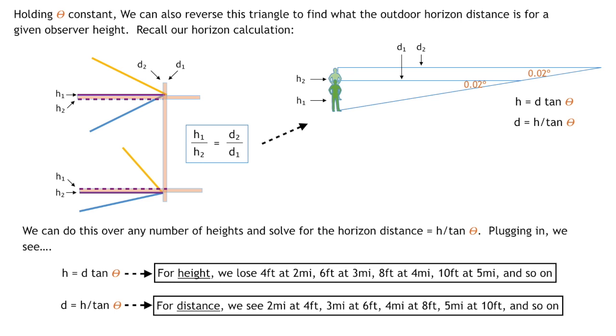So plugging in, we see that for the height, we lose 4 feet at 2 miles, 6 feet at 3 miles, we lose 8 feet at 4 miles, and we lose 10 feet at 5 miles, and so on. And if we want to see how far we see at given heights, so for distance, we see 2 miles at 4 feet, we see 3 miles at 6 feet, we see 4 miles at 8 feet, 5 miles at 10 feet, and so on.